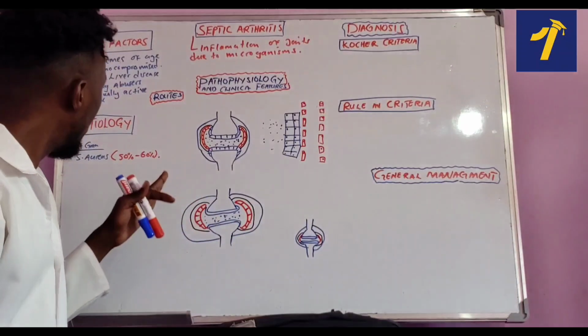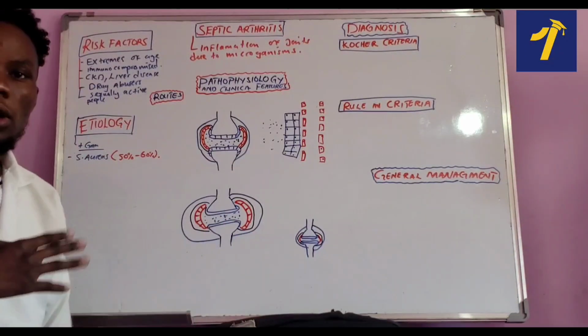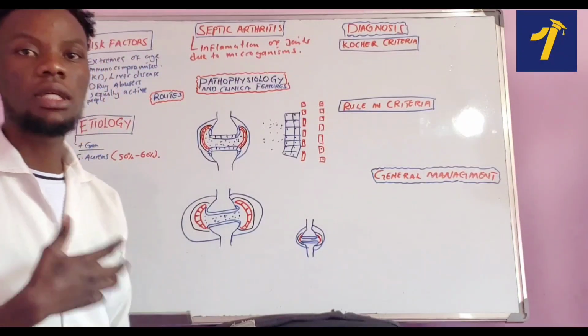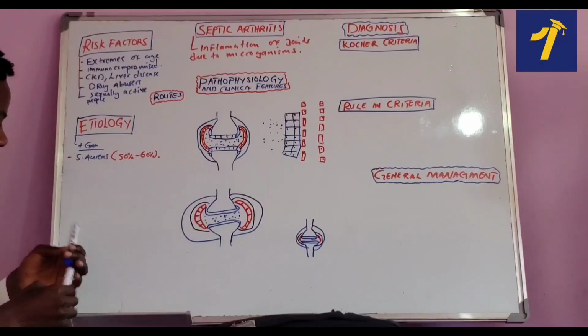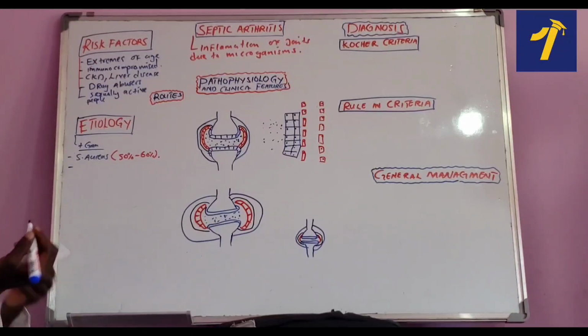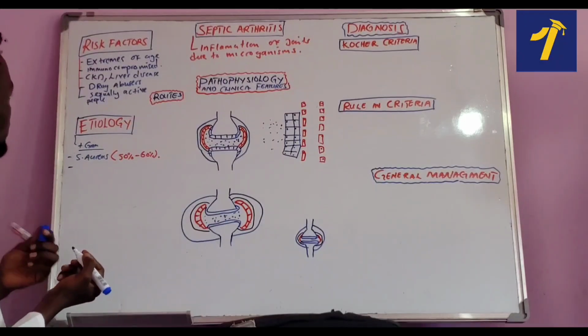And the commonest cause out of all those bacteria or microorganisms is Staphylococcus aureus, which is the gram positive bacteria. Then we've got other types of gram positive bacteria that can also cause septic arthritis.